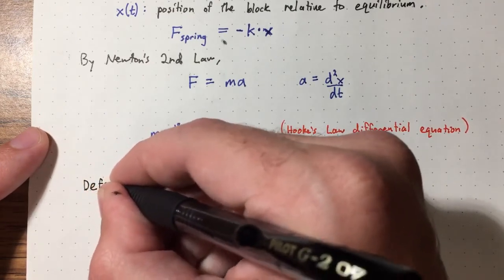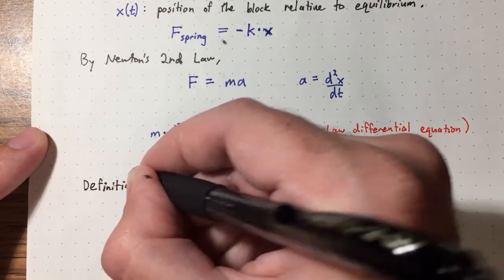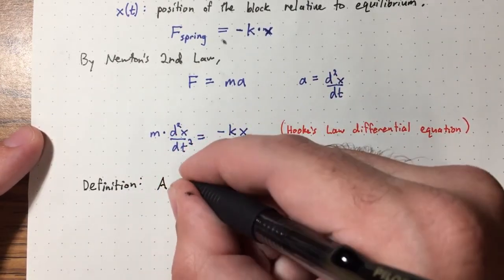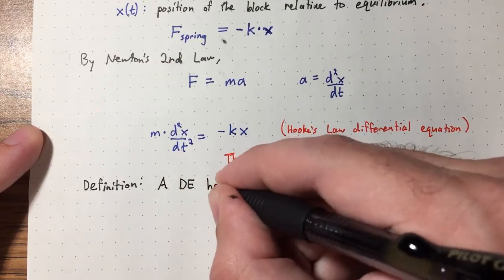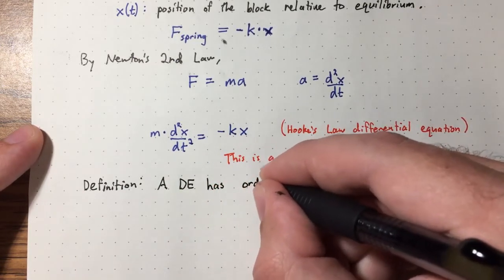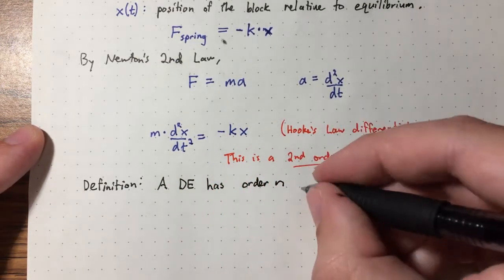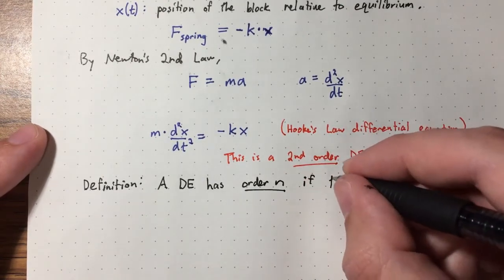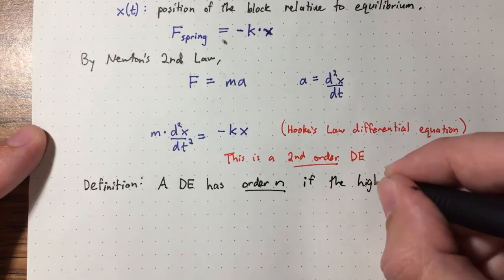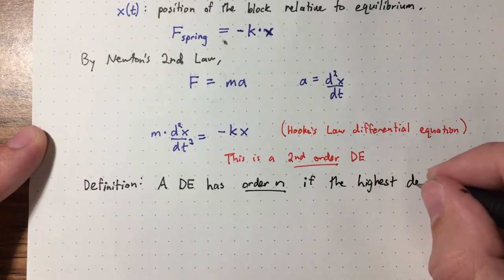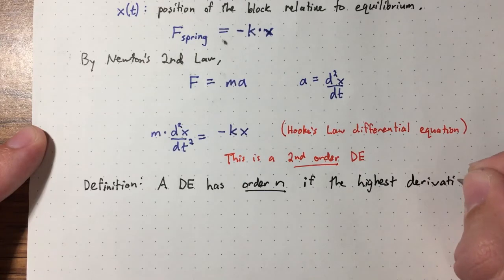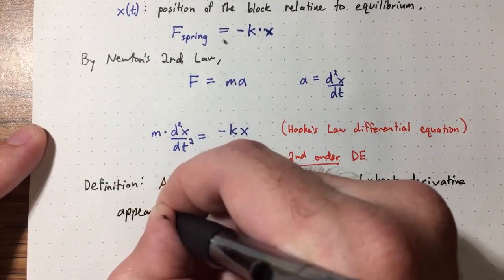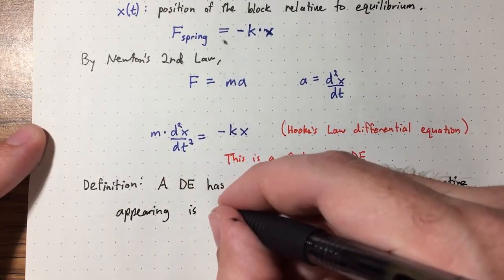Definition: a differential equation has order n if the highest derivative appearing is an nth derivative.